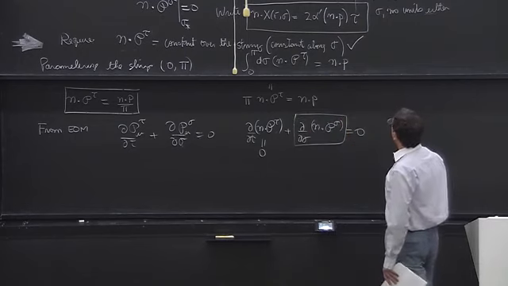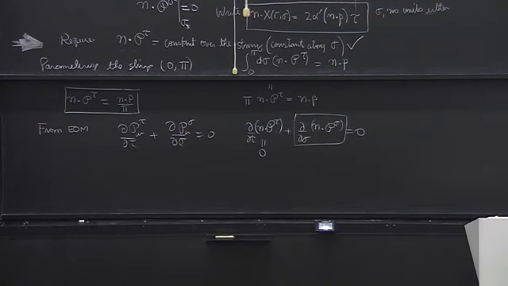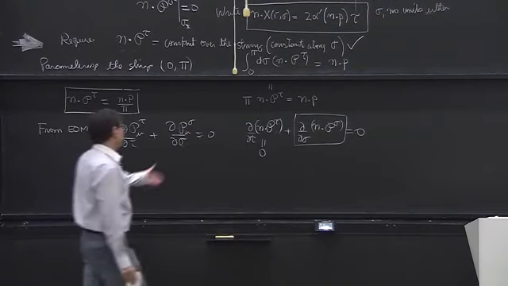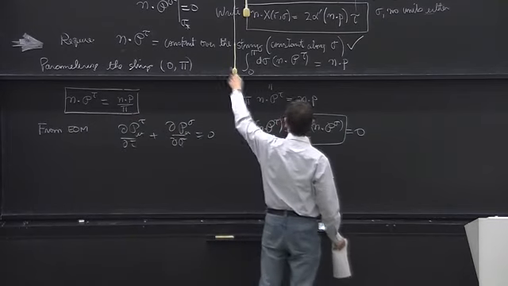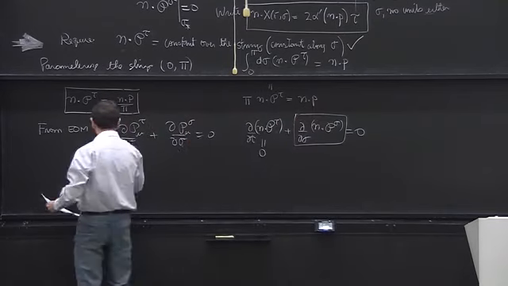If its sigma derivative is 0, and it vanishes at the endpoint, it's 0 all over. Because its sigma derivative vanishes, and by the boundary condition is 0. So n dot p sigma is identically 0.